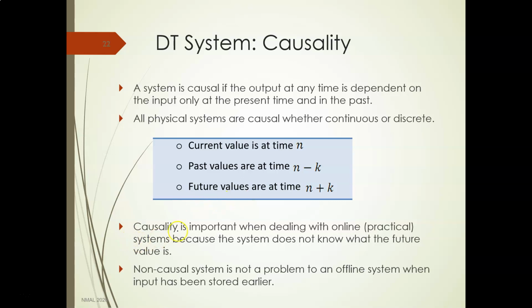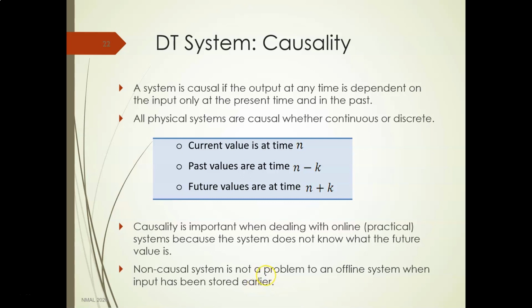Causality is important when dealing with online, which is a practical system, because the system does not know what the future value is. A non-causal system is not a problem for an offline system when the input has been stored earlier. Let's say we have an offline system.